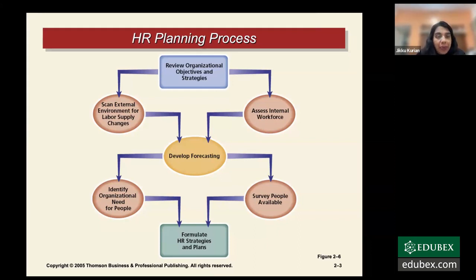When all these things happen, there will be a huge supply in the marketplace and less demand. So when there is a huge supply of manpower resources available in the market and less demand, the organizations have a competitive advantage because they will get the best resources for a lesser price.